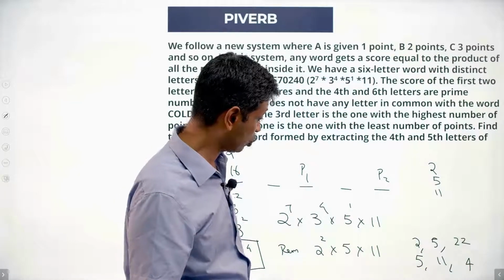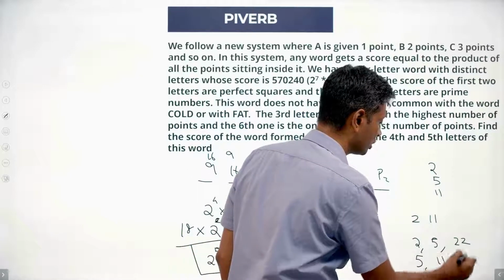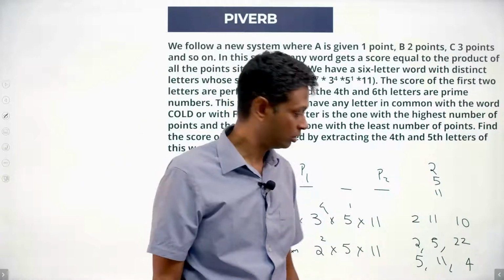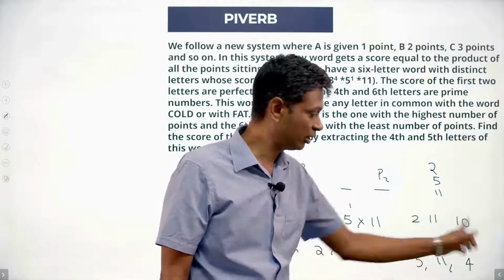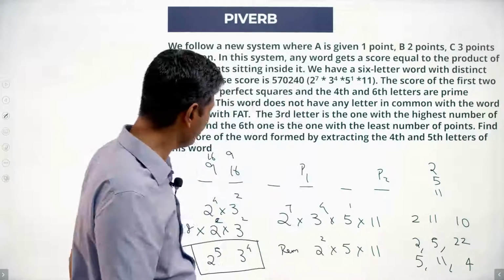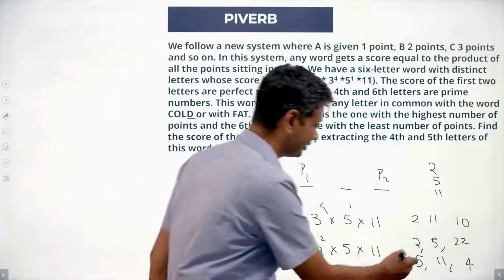If the primes are 2 and 11, the third one has to be 10. Of these, we know that 4 is not there. This is ruled out.